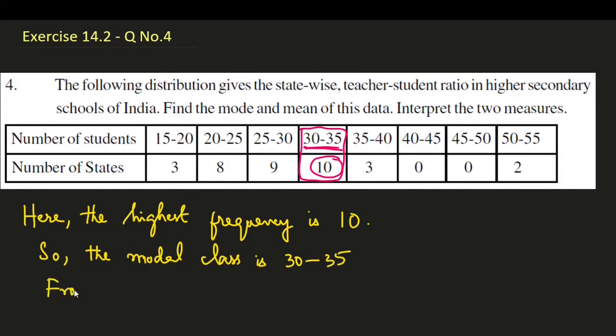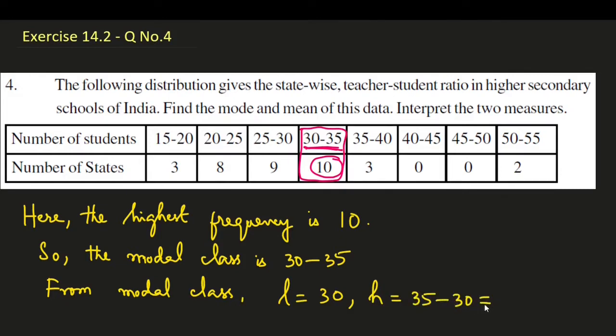From modal class, L is equal to 30. L is the lower boundary of the modal class. H is equal to 35 minus 30. This is class size of modal class. 35 minus 30 is 5.